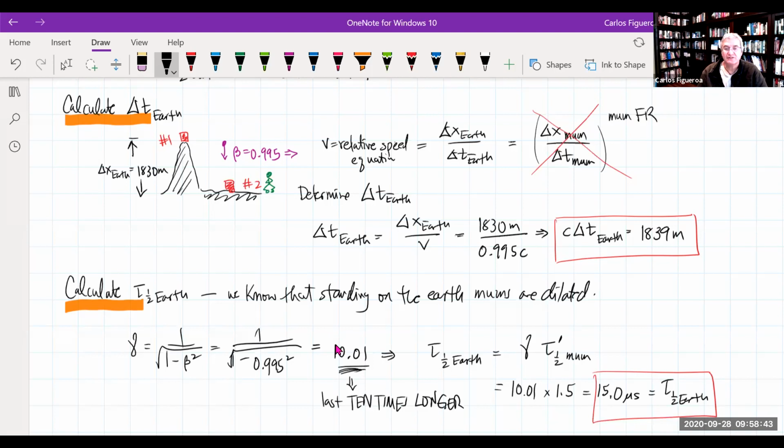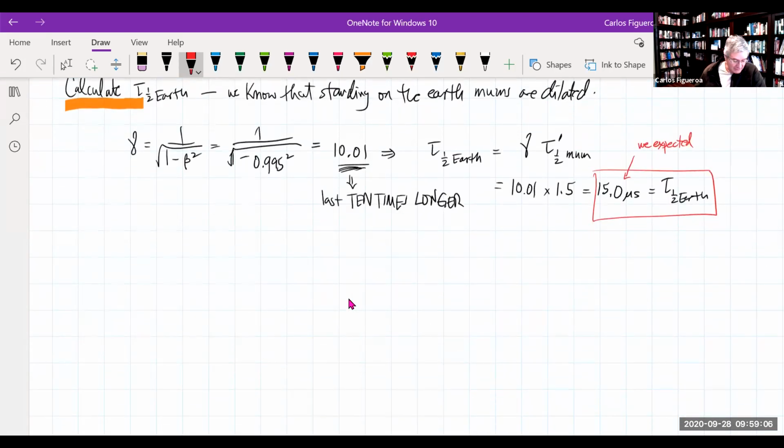The relativistic factor tells us that the muons last 10 times longer. So now I have everything. This is what we expected due to time dilation. So now the next thing that I want to do is calculate little n here.